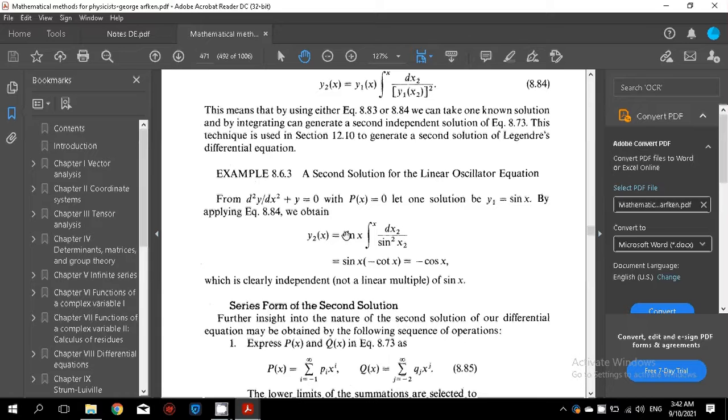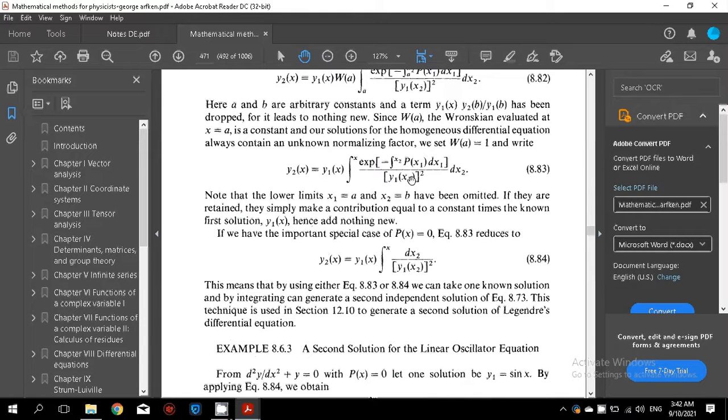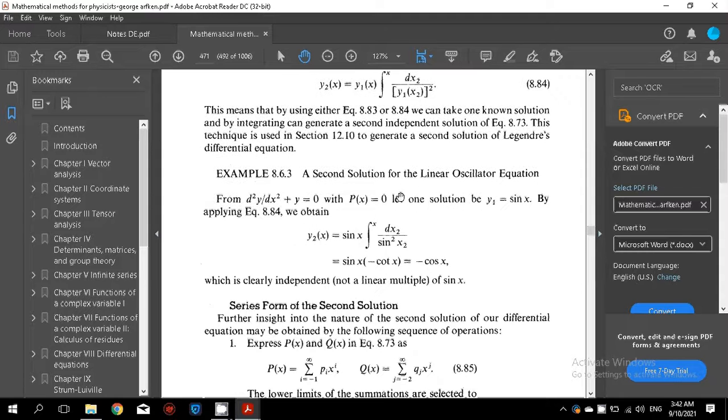Suppose we did not know the second solution of the harmonic oscillator and we only knew the first solution, y1 is equal to sin x. Then applying this formula, we get y2(x) is equal to sin x integral up to x of dx2 over sin square x2, because for this harmonic oscillator, you know that there is no term with y dash, so it means p(x) is 0.